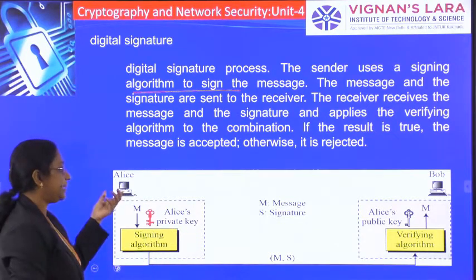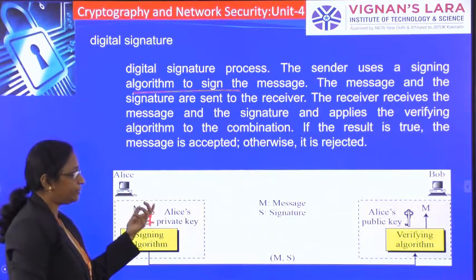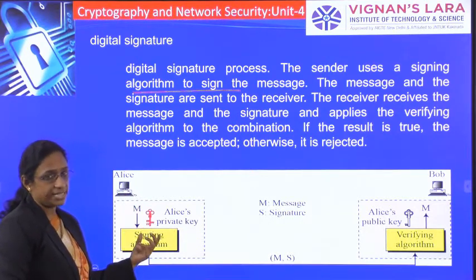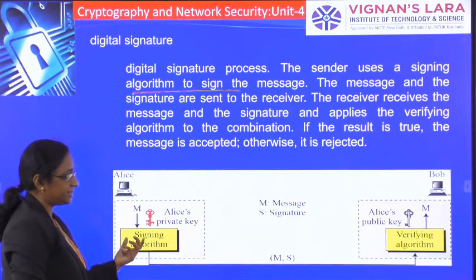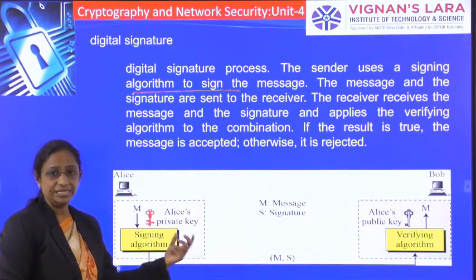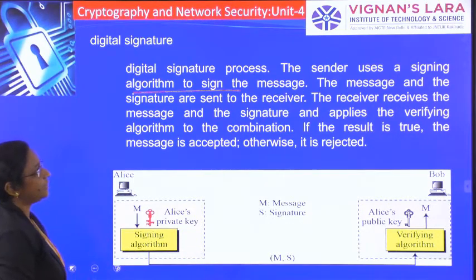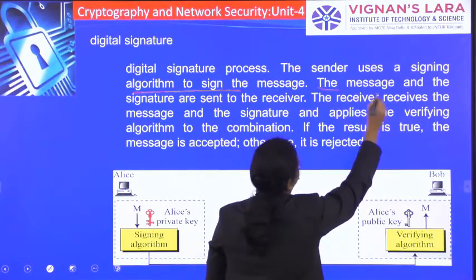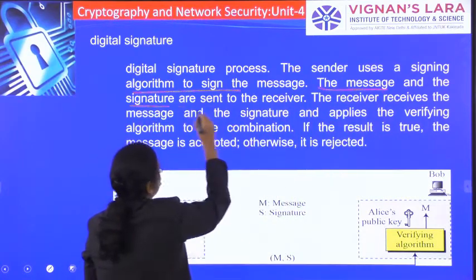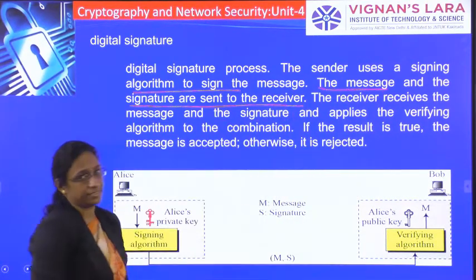For example, if the sender is Alice, she uses her private key in the signing algorithm to generate a signature. The message and the signature are sent to the receiver.